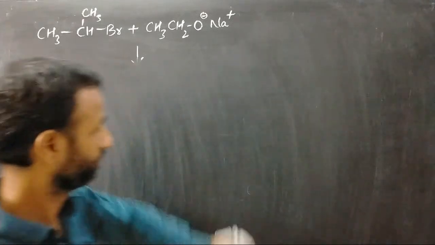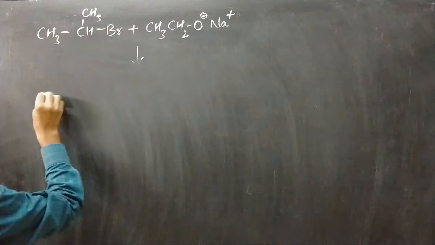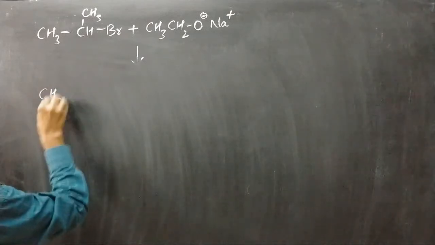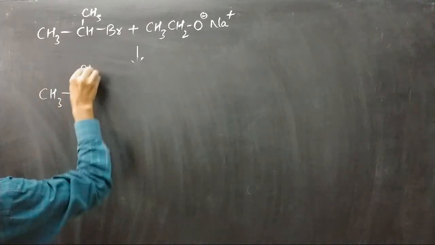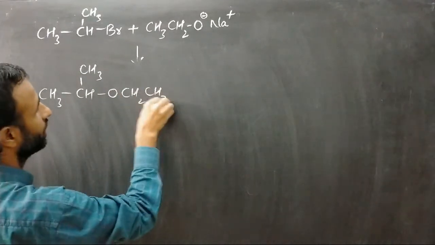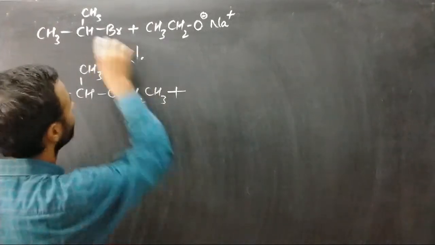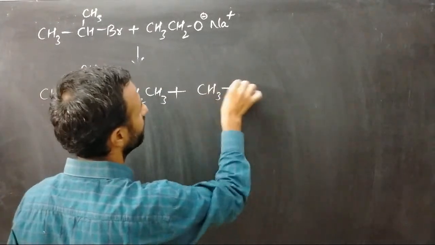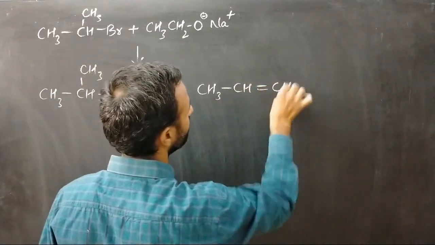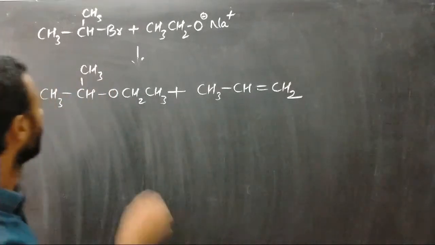First it will attack here, so we get CH3CH(CH3)OCH2CH3 plus CH3CH=CH2, propene, and this ether.